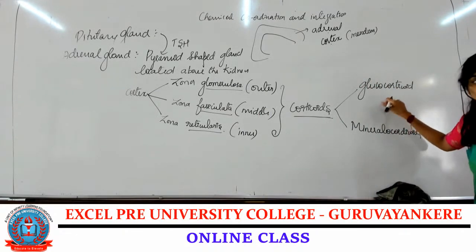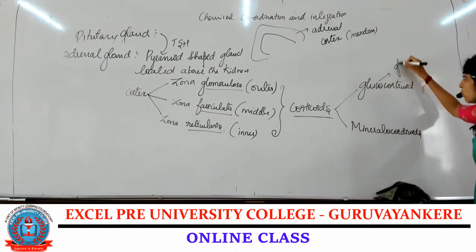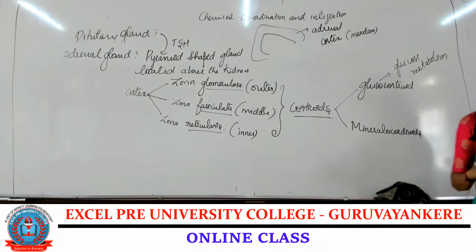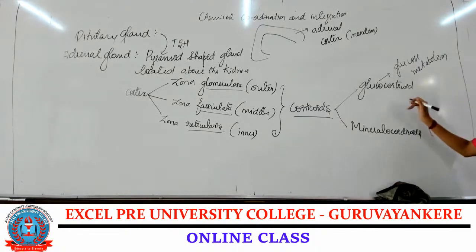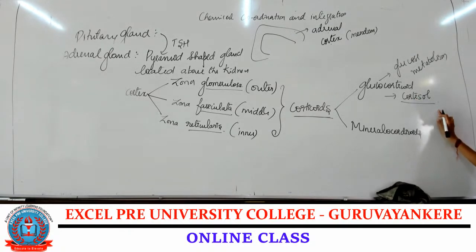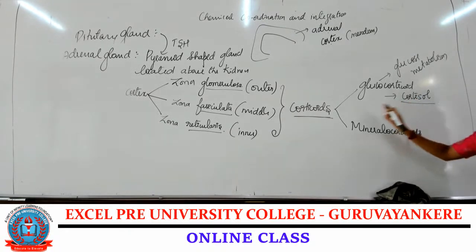These glucocorticoids help in glucose metabolism, and in humans, one of the important major glucocorticoids present is called cortisol.